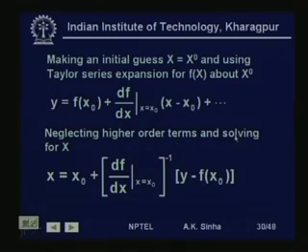So, neglecting higher order terms and solving for x, we can write this as x is equal to x 0 plus df by dx at x is equal to x 0 inverse into y minus f x 0. That is, from this expression itself we are calculating x like this.